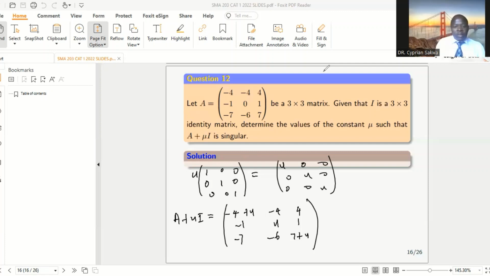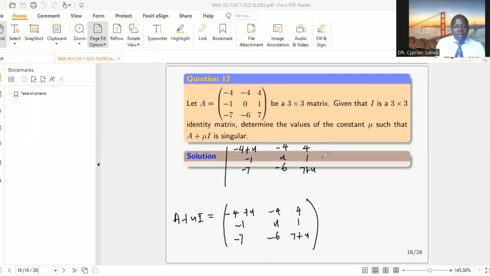So let's just now do the question. Just equate this determinant to 0 and find mu. So this is the matrix. Determinant of negative 4 plus mu, negative 4, 4, negative 1, mu, 1, negative 7, negative 6, 7 plus mu.